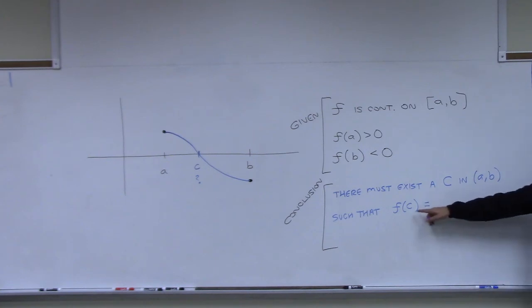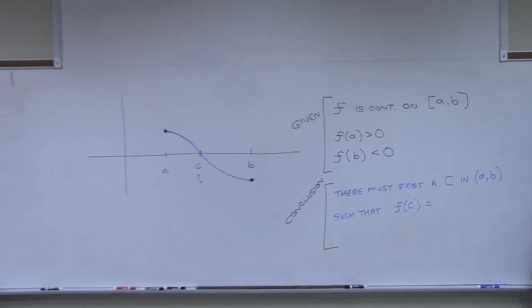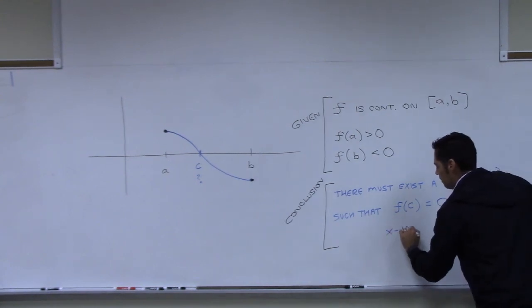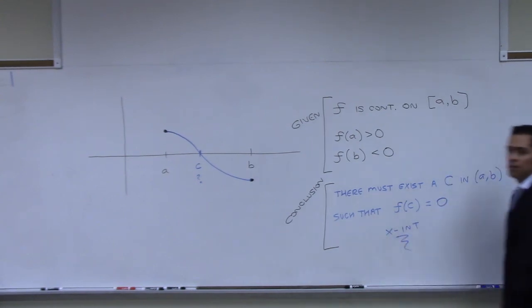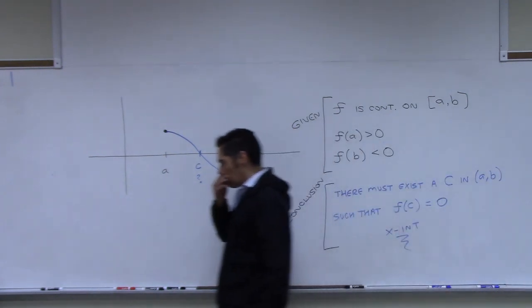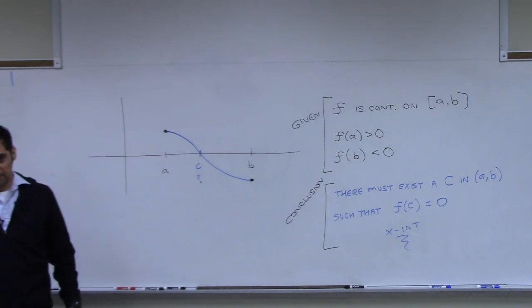What's the function's value at c? 0. In other words, we have an x-intercept, don't we? We have an x-intercept. You following me? You sure?